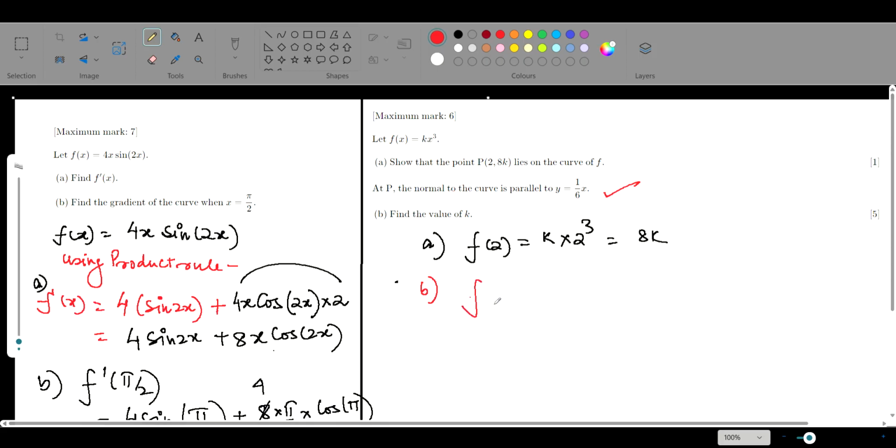First I need to differentiate the given function, which is 3 times k x squared. f dash 2 will be 3 times k times 2 squared. It's 4 times 3, which is 12k.